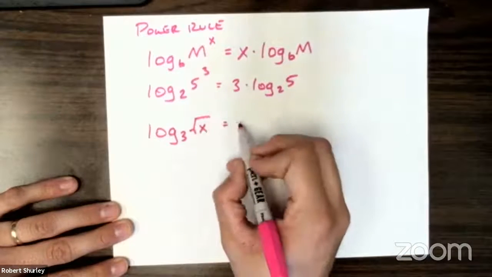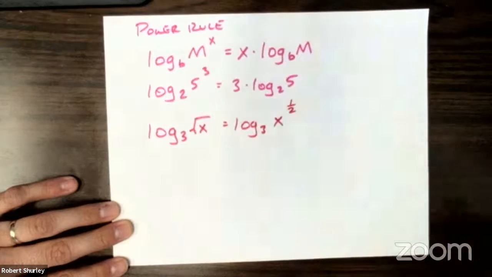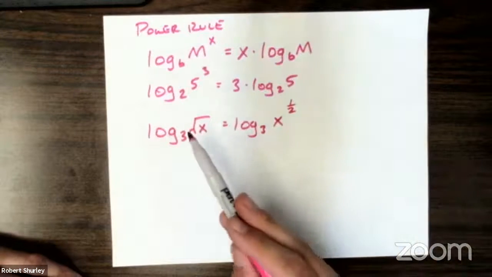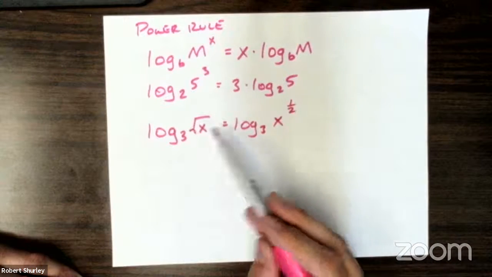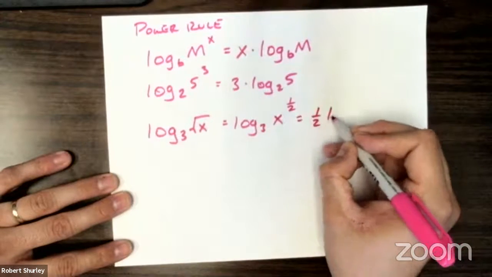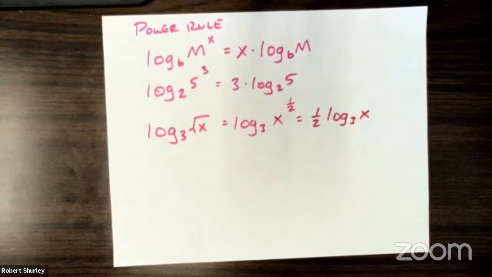We're going to automatically think of that square root as an x to the 1/2. Remember, any root can be written as 1 over whatever the root is. If it was a fourth root, it'd be 1/4. Cube root, it'd be 1/3. Now I'm going to bring the 1/2 out front and say this is 1/2 log base 3 of x.